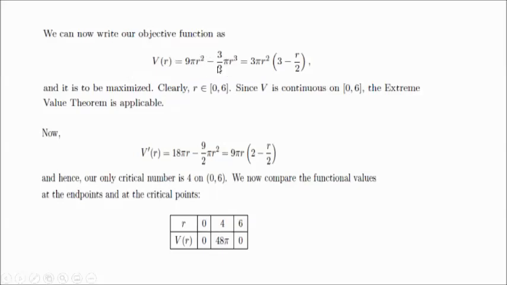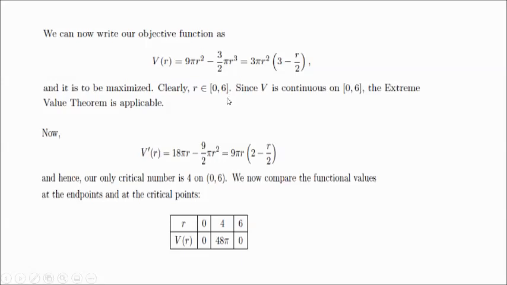So in terms of r only, the function of volume in terms of r. Okay? So here, we just factored out 3 pi r squared. So this is our working equation, class.